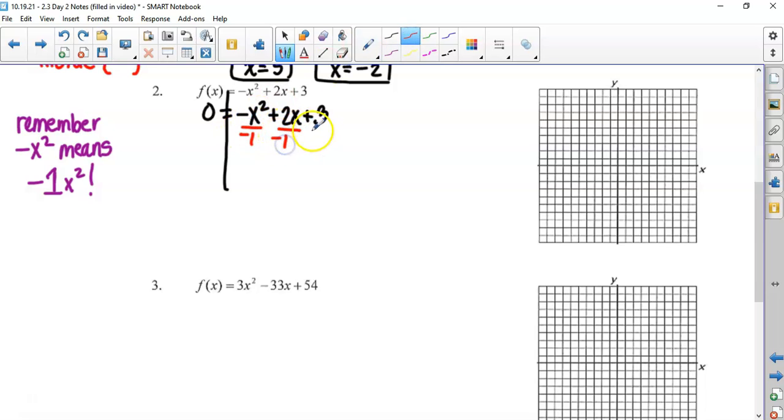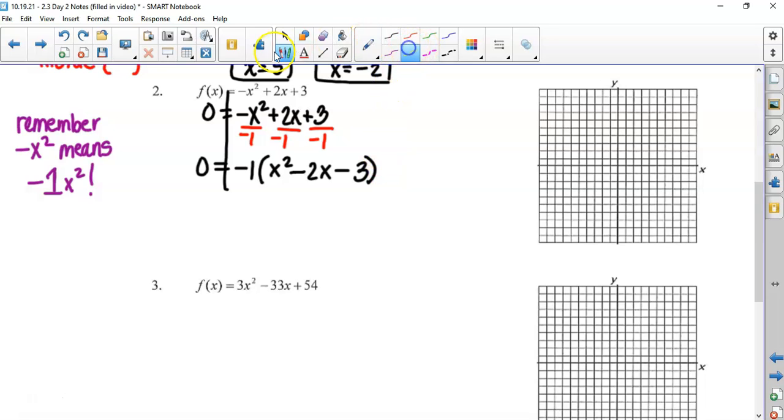So before we do anything else, we have to factor out that negative 1. Factoring out a negative 1 doesn't change anything other than the signs. So negative 1 is going to stay out front. And then this becomes x squared minus 2x minus 3.